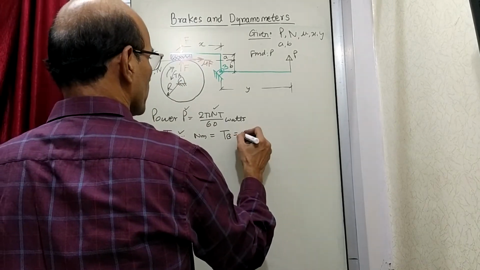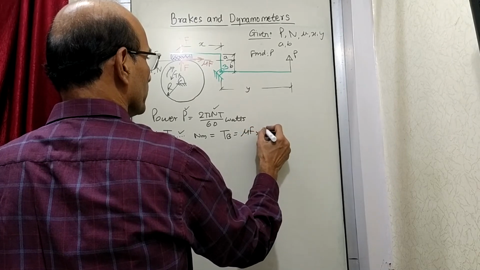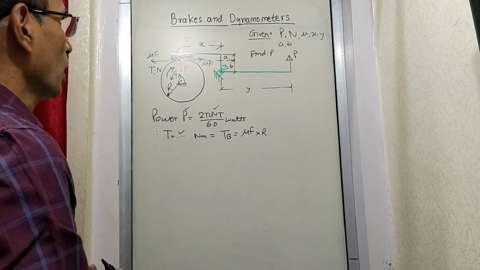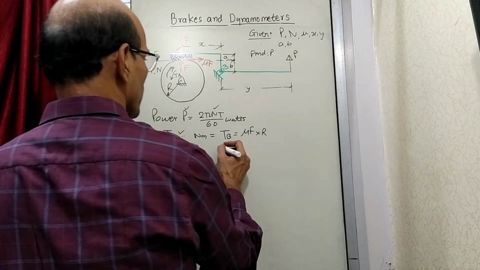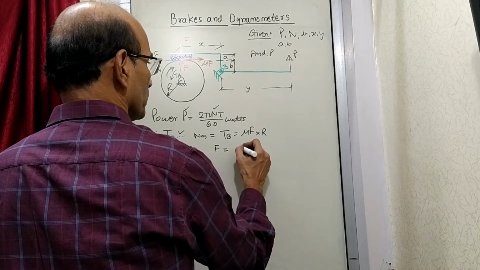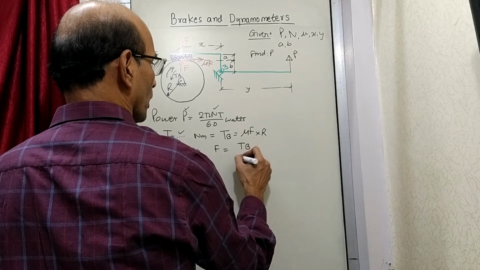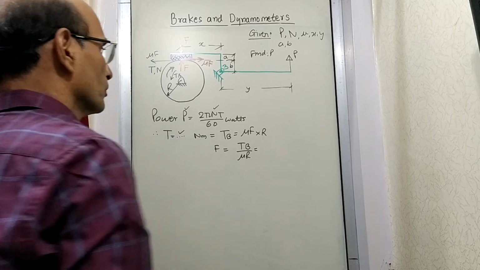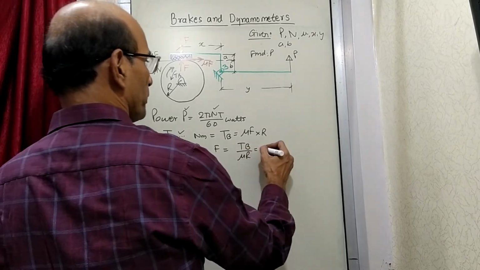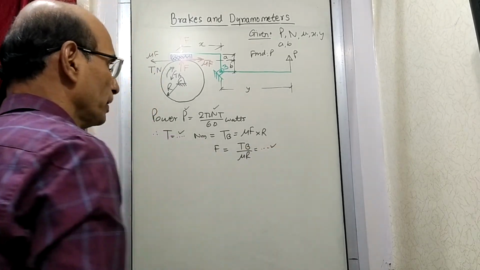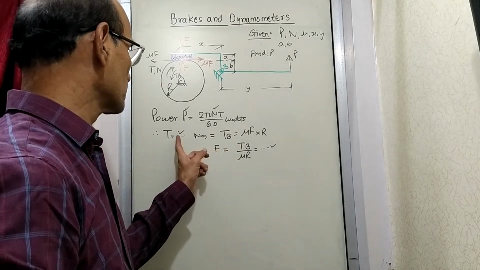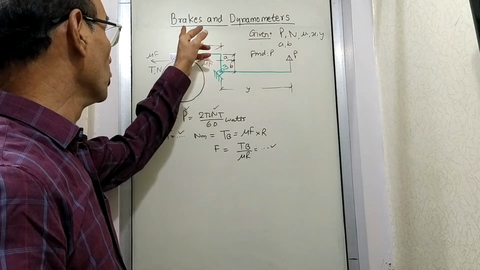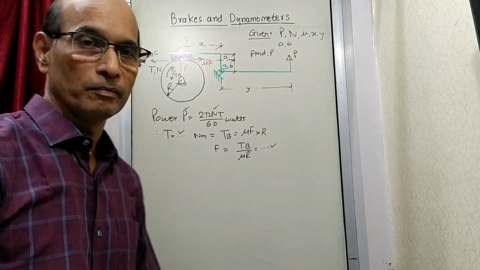So this braking torque is mu F into R. So therefore F is equal to TB upon mu R. So how much F is required, that value you can find out, because braking torque is same as applied torque, and mu and R are given, so you know how much normal reaction you require.